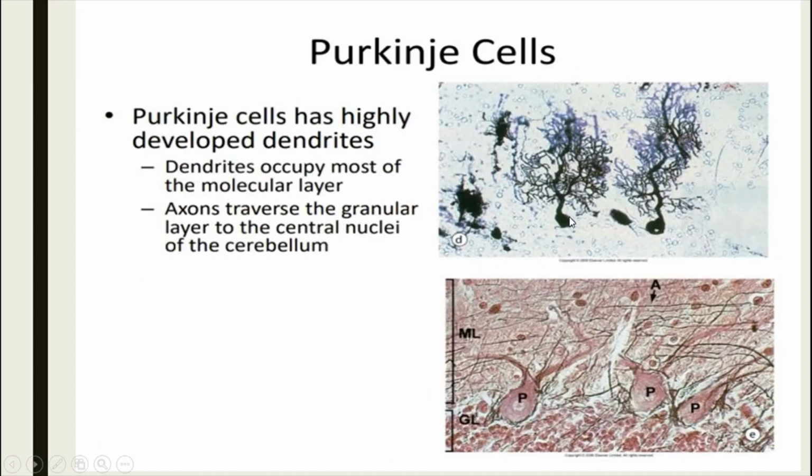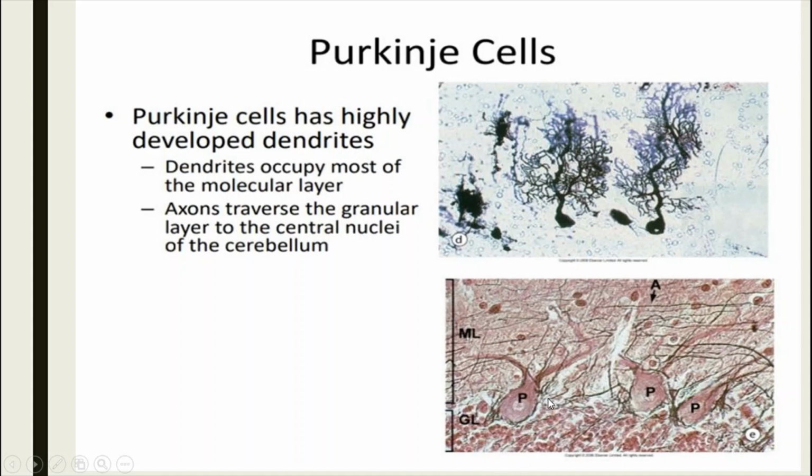This is a single Purkinje cell, how it appears. It possesses a neuronal body with a number of dendrites. The dendrites occupy the molecular layer along with the other fibers, and the axons pass towards the granular layer.